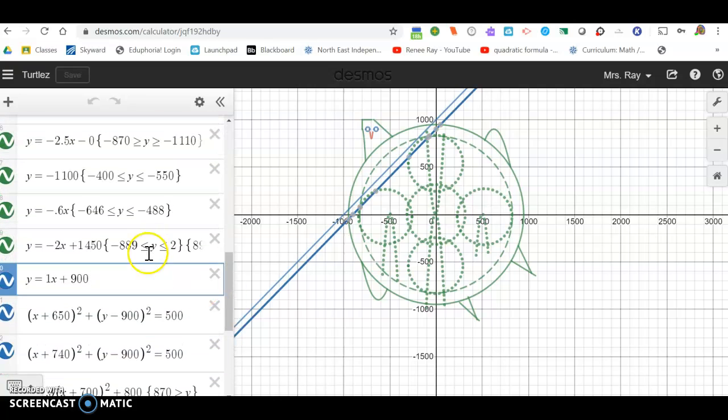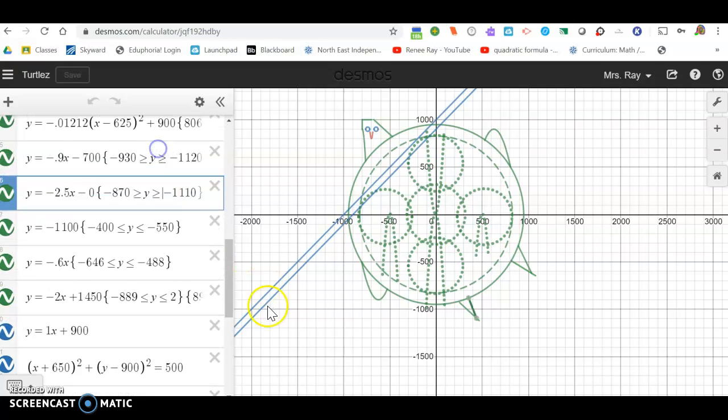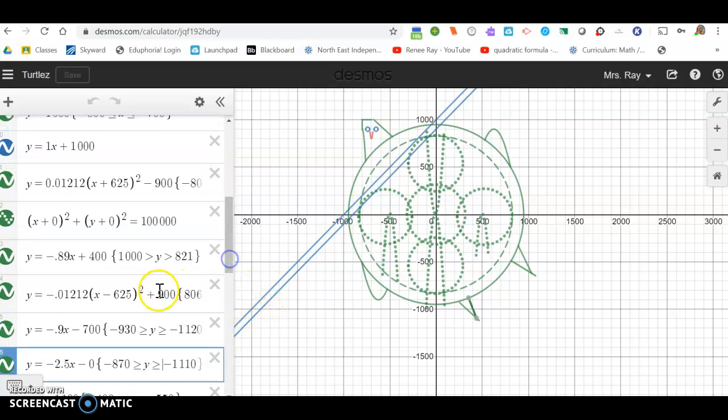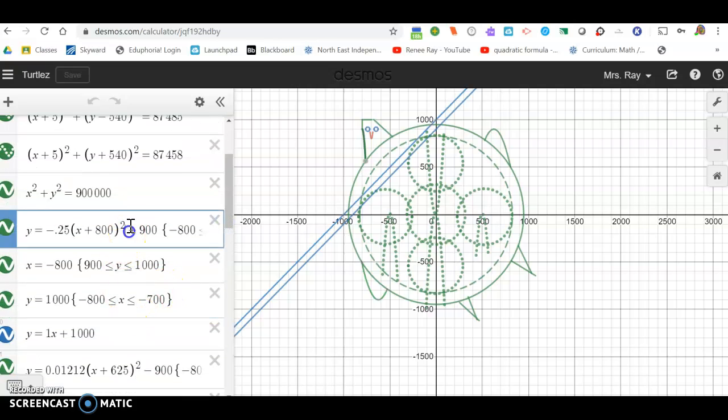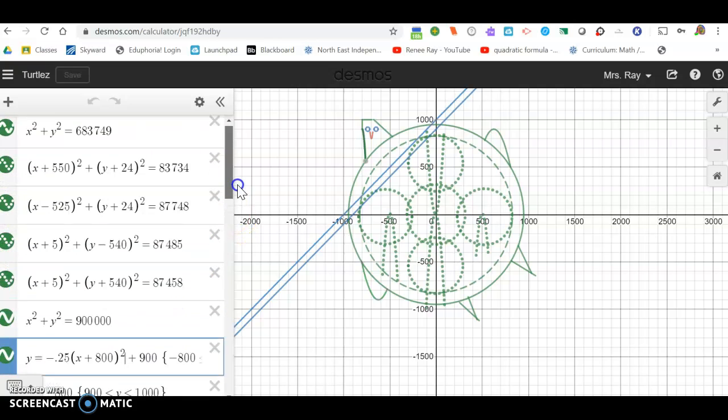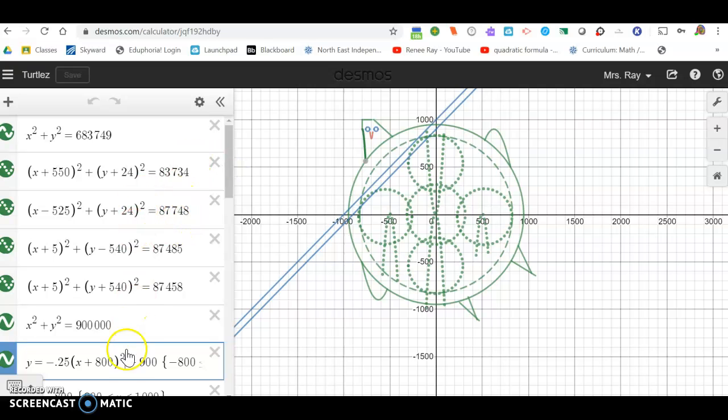And then we had 7, some linear, 8, 9, 10, 11, 12. We already had one circle, 13. So I will go through and count this, 14, 15. We had some more circles. So this one did not get full credit because they only had 15 actual equations that worked. So make sure you're counting that.